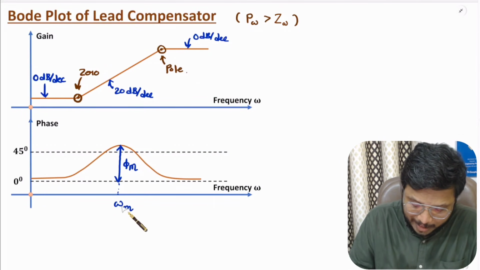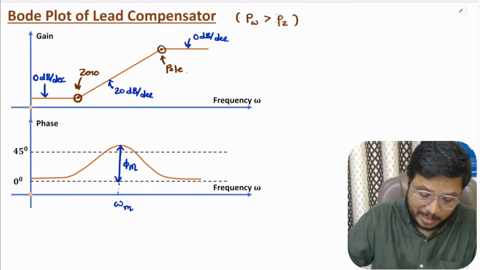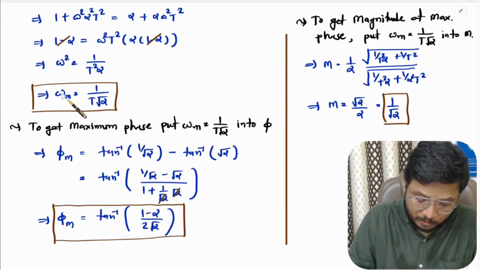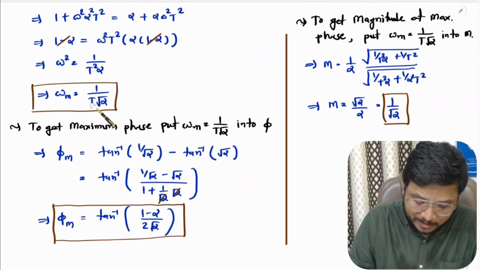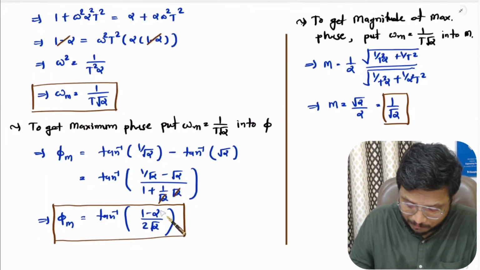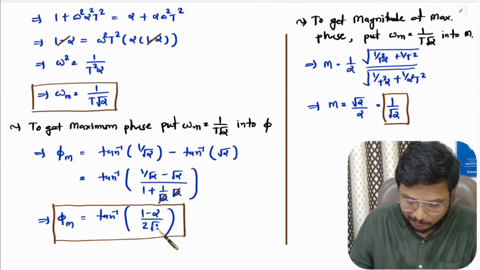This frequency omega m and phi m I have already derived in this video. You can observe the frequency omega m is 1 by T square root of alpha, and phi m is tan inverse of 1 minus alpha divided by 2 square root of alpha.